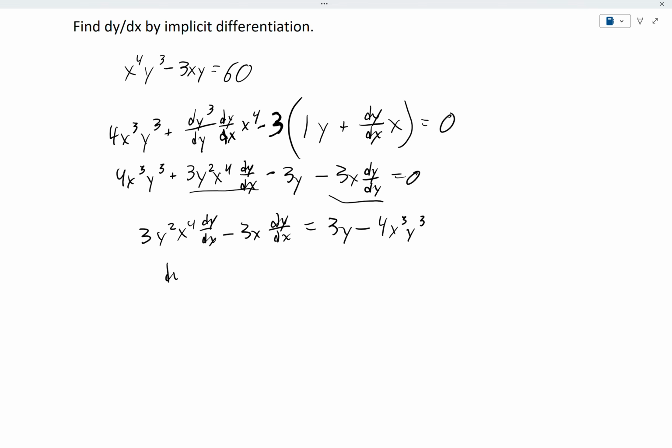And now I can pull my dy/dx out of the parentheses here. And now I can divide each side by this factor here.